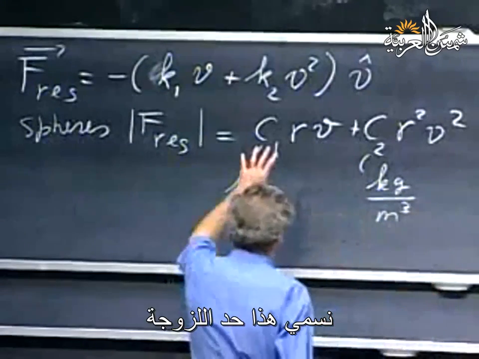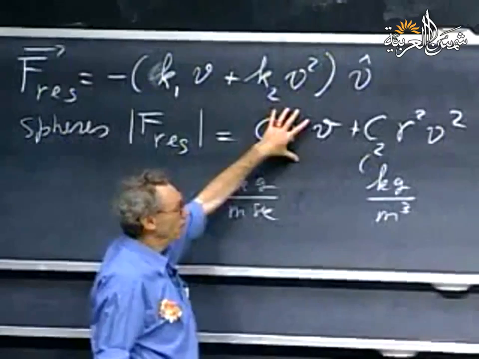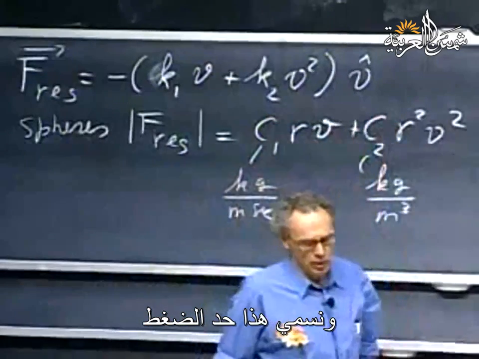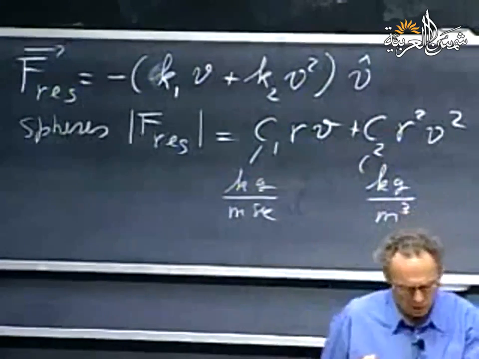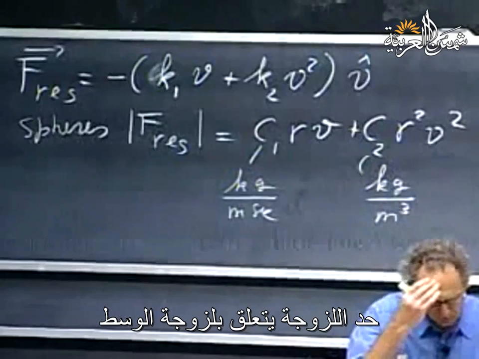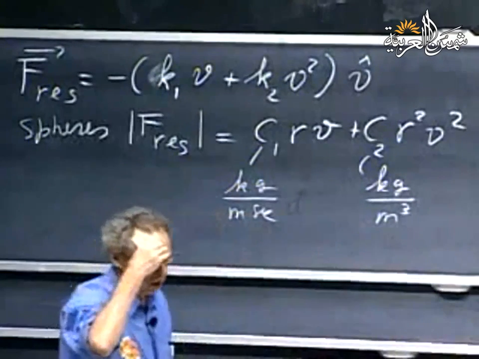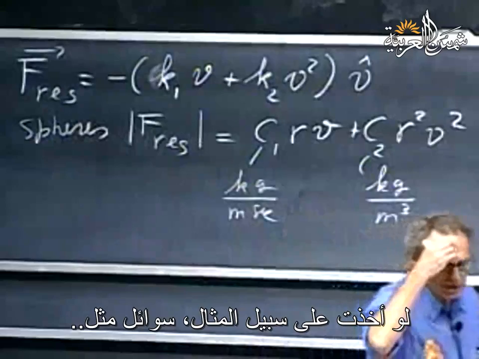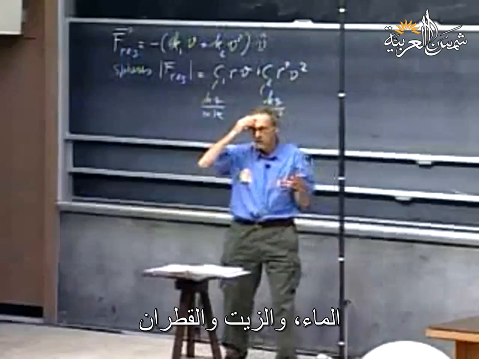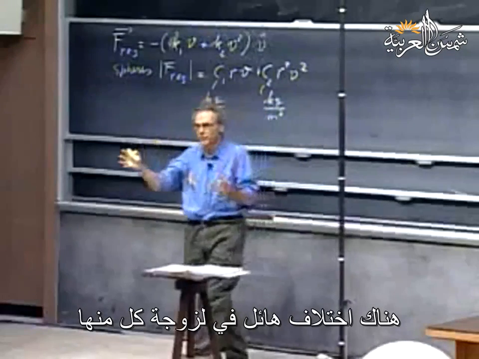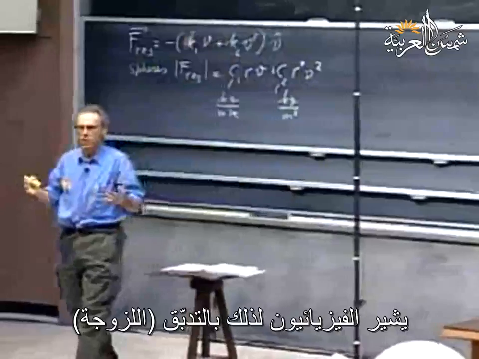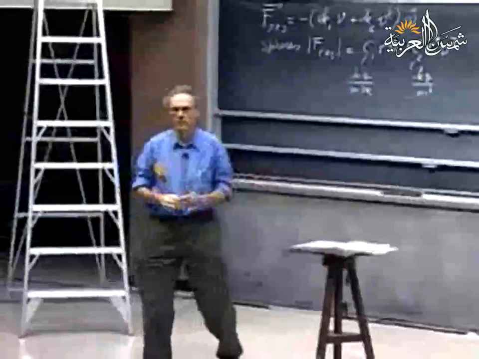We call this the viscous term, and we call this the pressure term. The viscous term has to do with the stickiness of the medium. If you take, for instance, liquids, water, oil and tar, there is a huge difference in stickiness. Physicists also refer to that as viscosity.